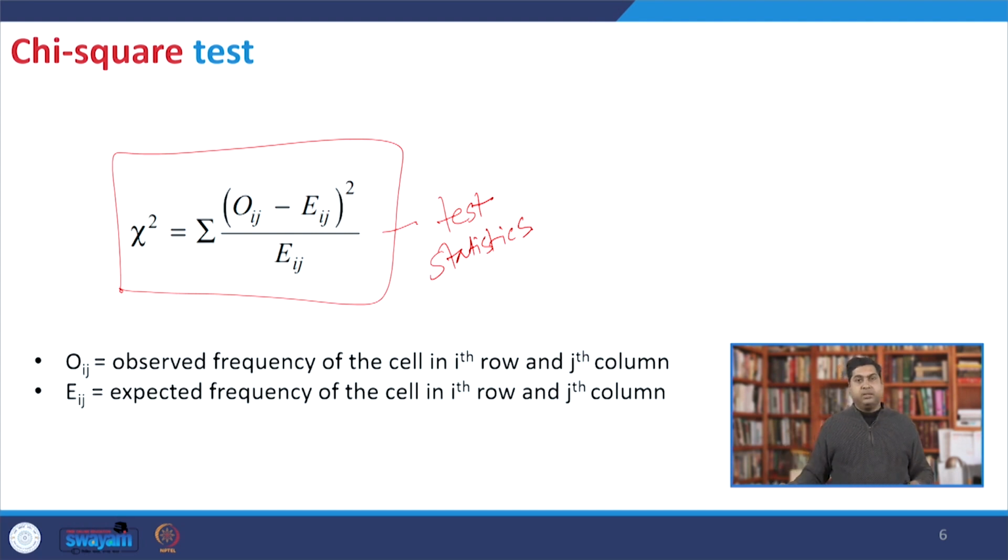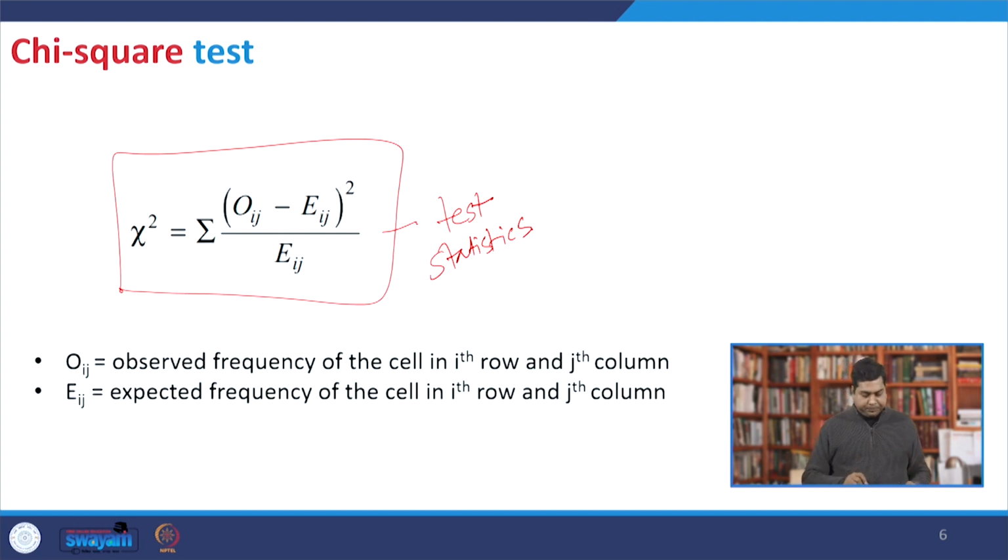So here also we are following the same. There are established chi-square tables based on certain degree of freedom and also the significance level. We pick the critical chi-square value and compare it with the test statistic, and then whether it is greater than or equal to or less than, we take a call on the hypothesis.